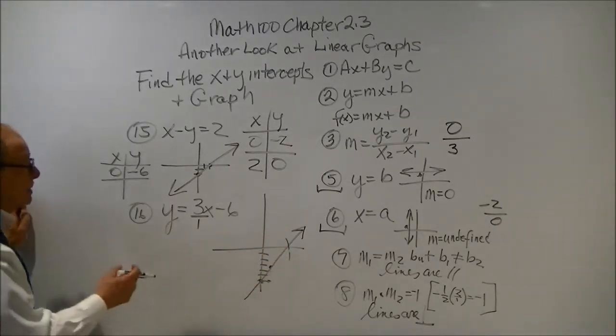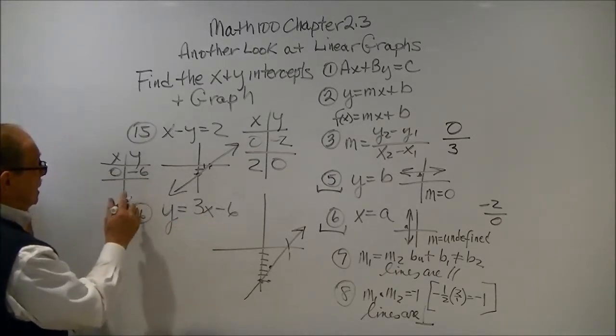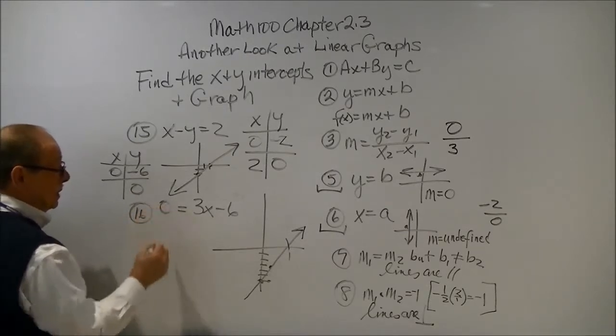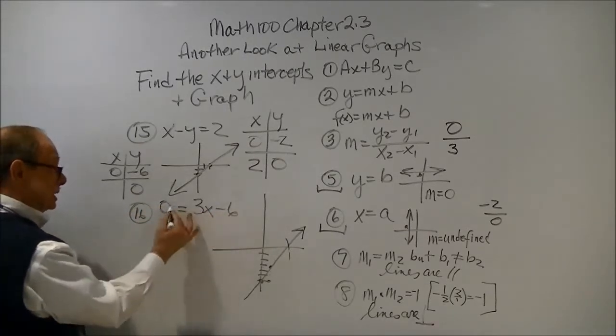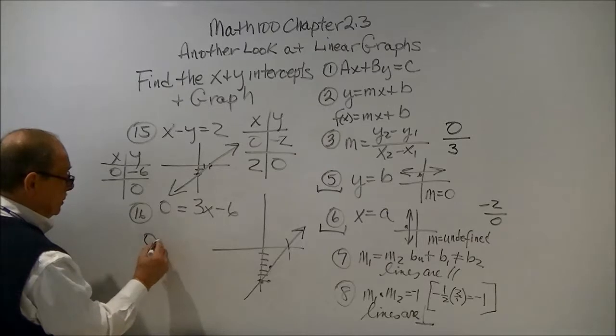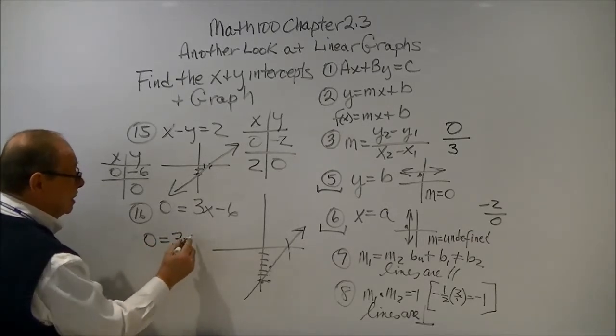But let's find the x-intercept anyway. So now we're saying that y is 0. So we put a 0 there. And we transpose that, and that becomes 0 equals 3x minus 6.